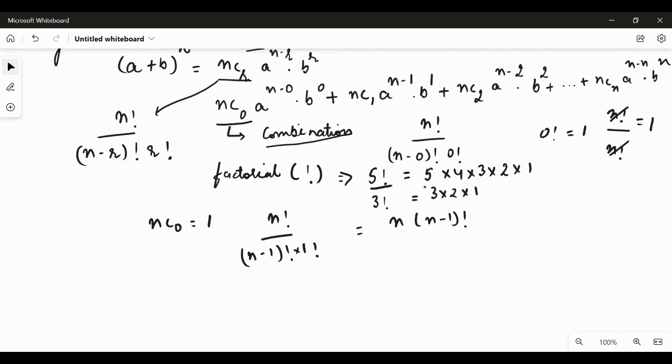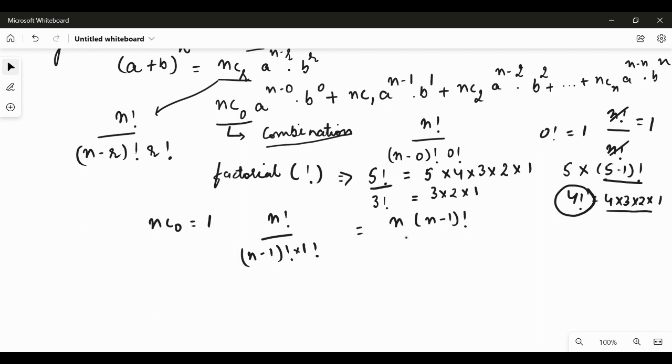Like in this, I have written 5 factorial, so can I write it like 5 into (5 minus 1) factorial, which is 4 factorial, which is equal to 4 into 3 into 2 into 1. So rather than writing this, I can write 4 factorial also.